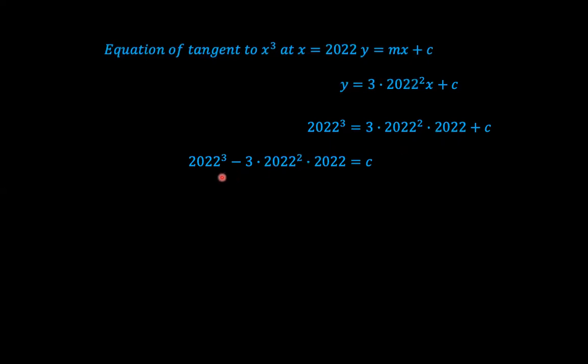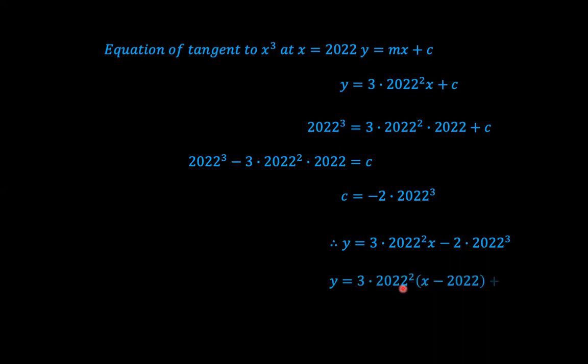So it's the same as 2022 cubed minus 3 times 2022 cubed. And so c is negative 2 times 2022 cubed. So the equation of the tangent is y equals 3 times 2022 squared x minus 2 times 2022 cubed.